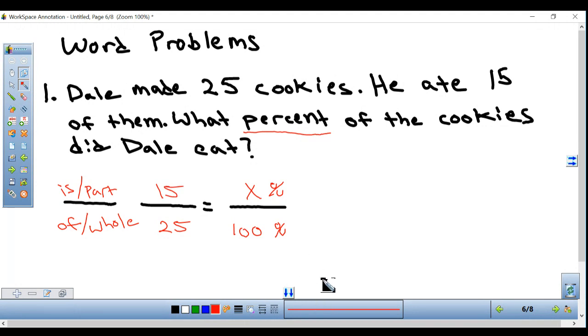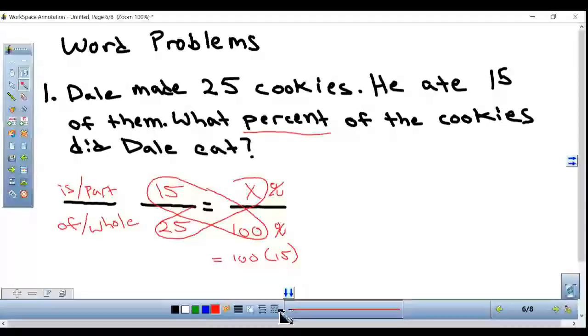And we're going to do cross products. 100 times 15 and 25 times an unknown percent. 100 times 15 is 1,500.